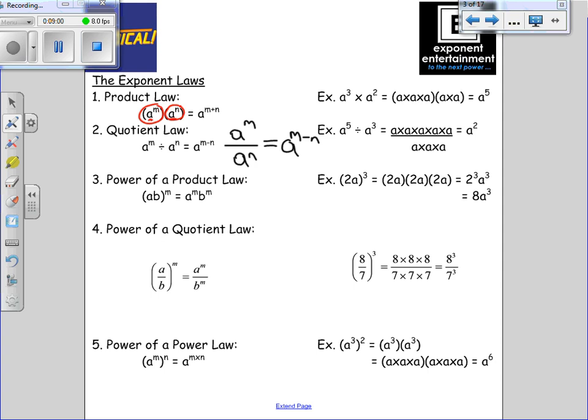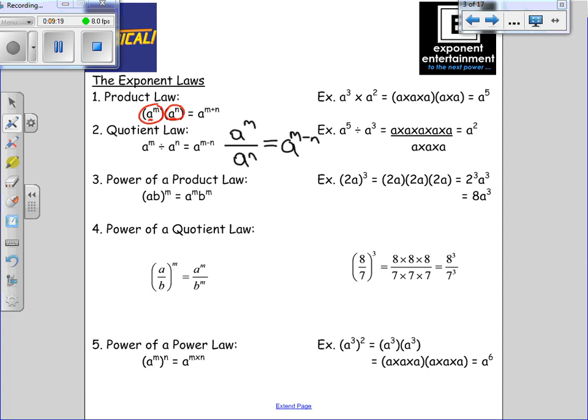If you were to subtract a negative exponent, what would you be doing? You'd be adding them. So we're going to see tricks like that all throughout, where it'll be dividing a to the power of negative 2. So make sure you're subtracting them.